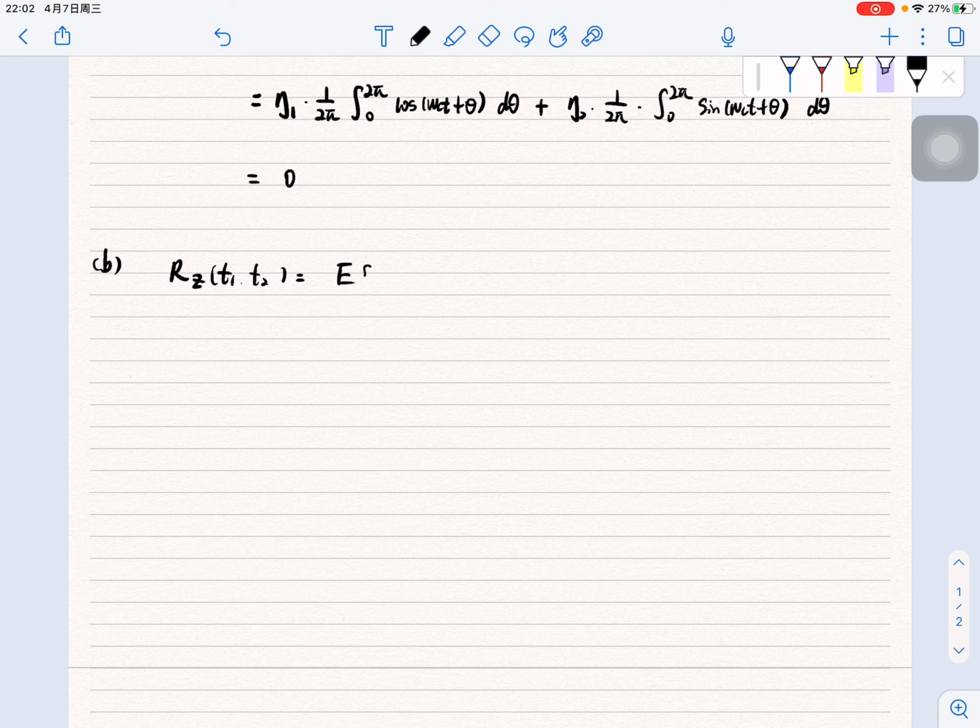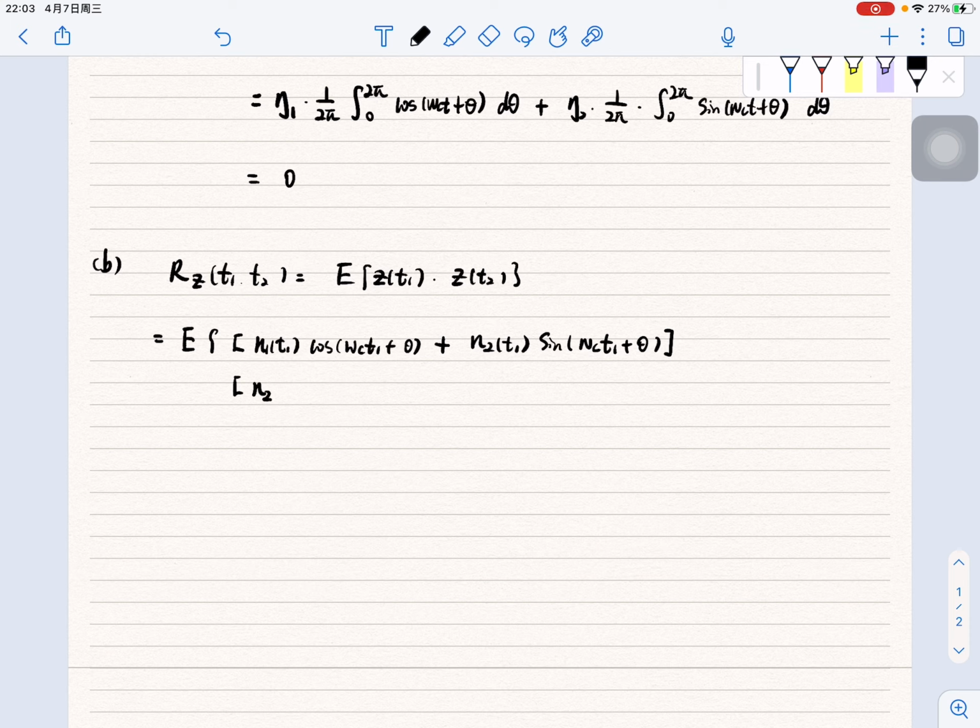It equals the expectation of z(t1) multiplied by z(t2), which we can write as the expectation of n1(t1) cosine omega c t1 plus theta, plus n2(t1) sine omega c t1 plus theta, and then multiplied by another factor, n1(t2) cosine omega c t2 plus theta, plus n2(t2) sine omega c t2 plus theta.